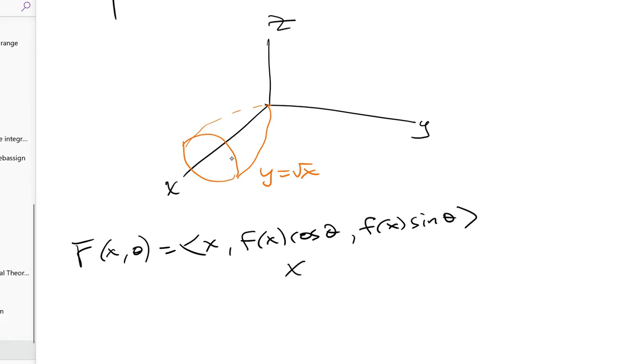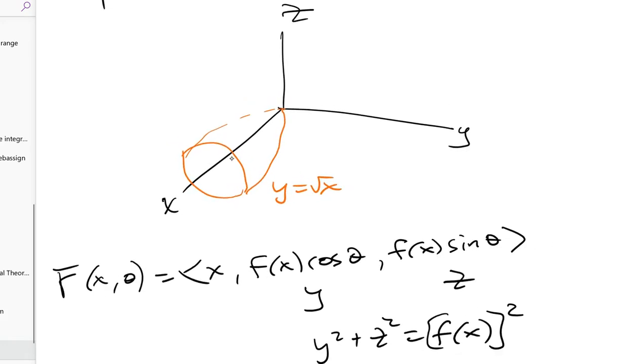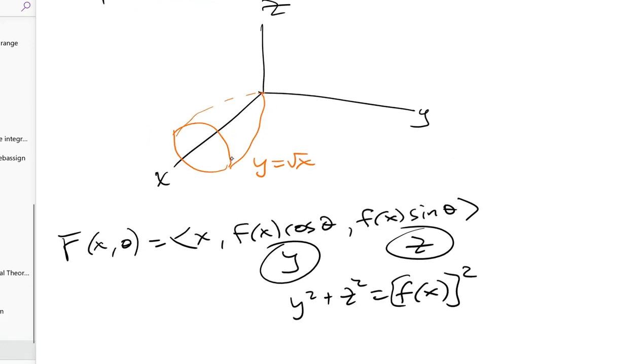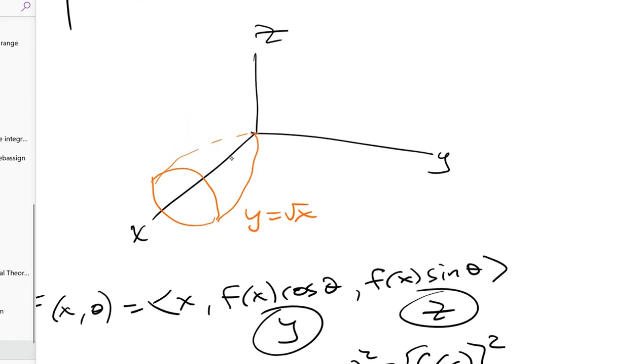So here, what's happening is here's the y and z coordinates. Y squared plus z squared is f of x quantity squared, okay? So that is a circle of radius f of x. So what's happening is in parallel to the yz plane, we have circles of varying radii. The radius is f of x. So in this case, f of x is square root of x.